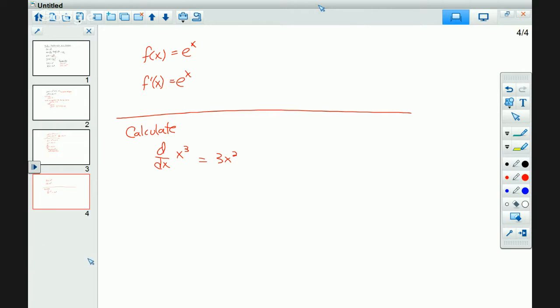You might also see something like this. We might say calculate df dx at x equals 2.